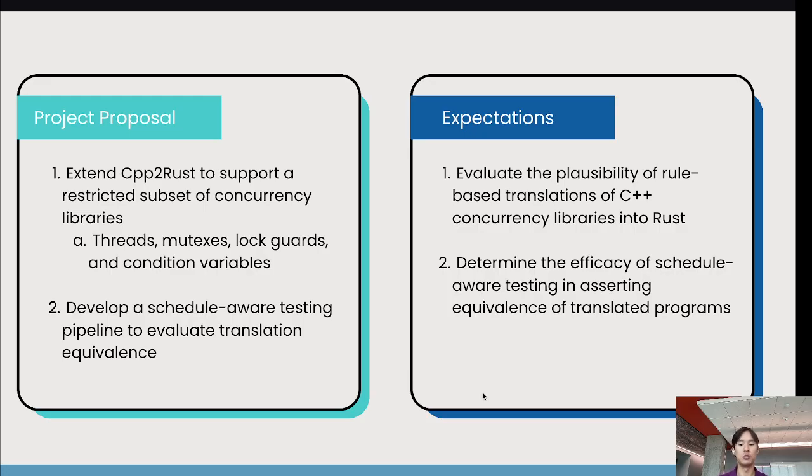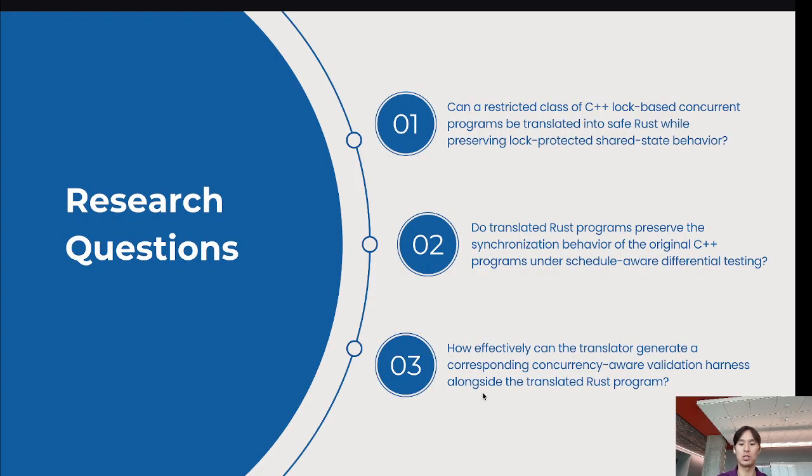I also hope to determine the efficacy of schedule-aware testing in asserting the equivalence of translated programs. So pretty much what this means is, is schedule-aware testing useful and efficient in order to assert the equivalence of translated programs? So that leads us right into our research questions.